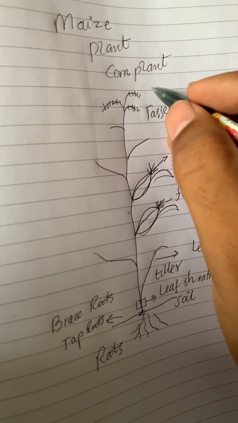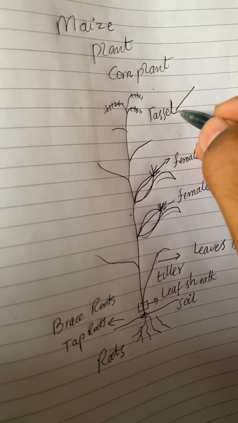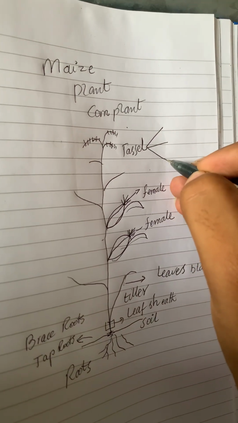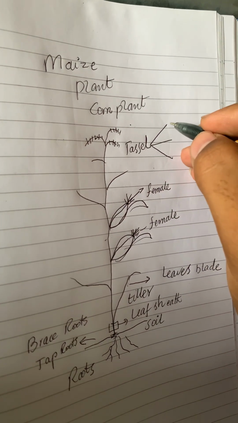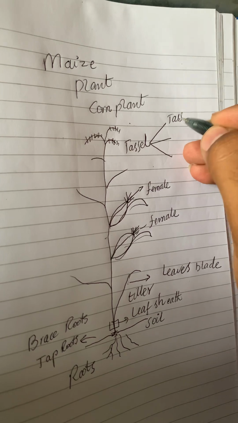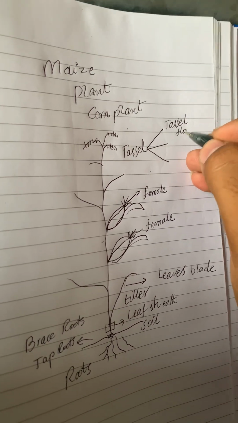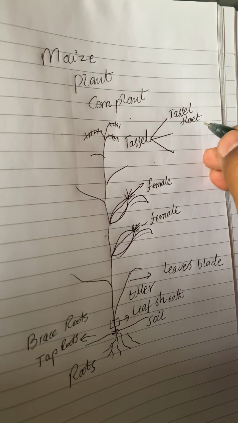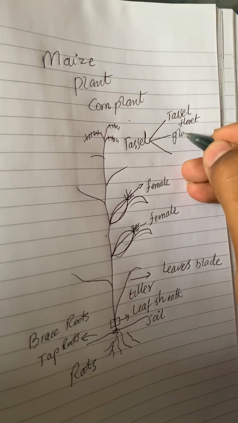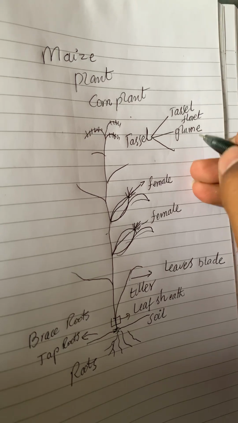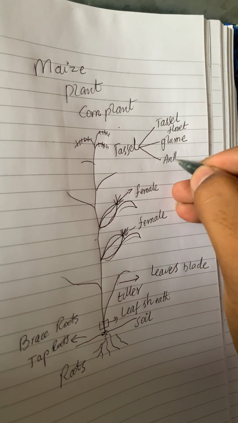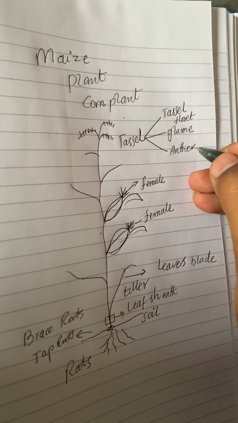And the tassel has three parts. One is the tassel floret, second is the glume, and third is the anthers.